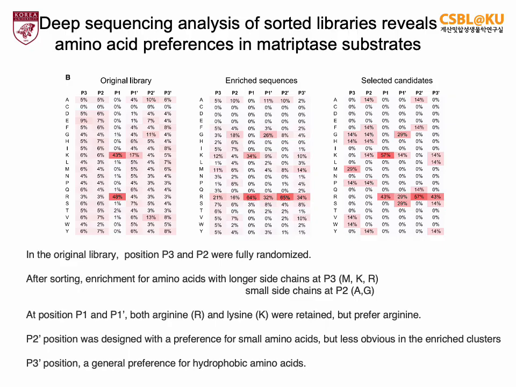In position P1', a similar preference for arginine over lysine was observed. Although P2' was designed with a preference for small amino acids, this tendency was less obvious in the enriched clusters. The data indicated a general preference for hydrophobic P3' amino acids, in line with the design of the original substrate library.